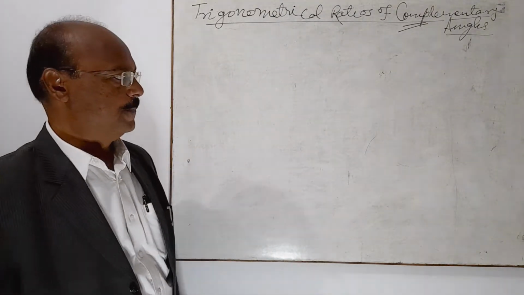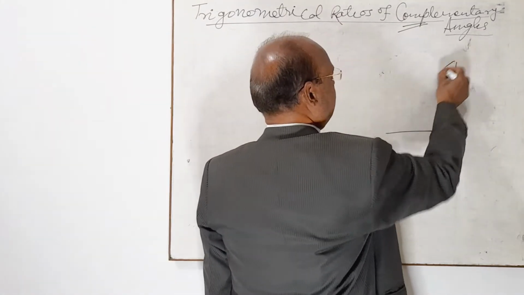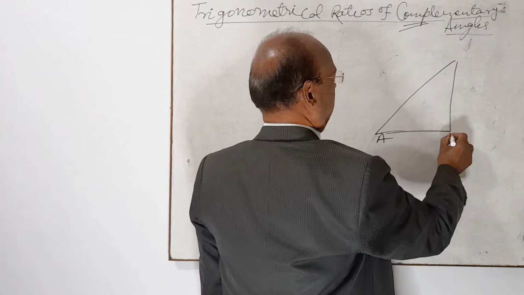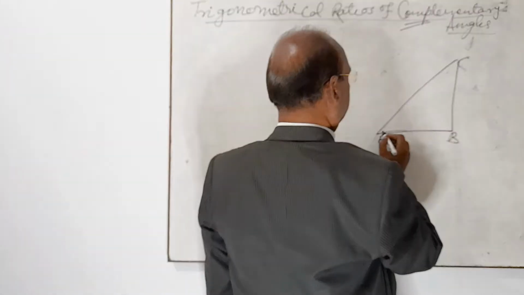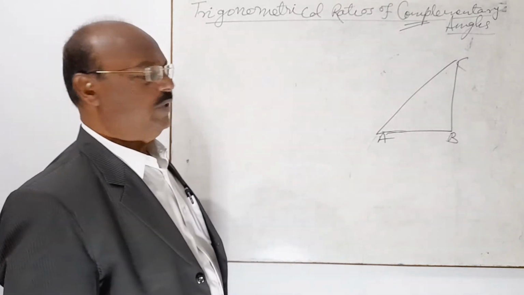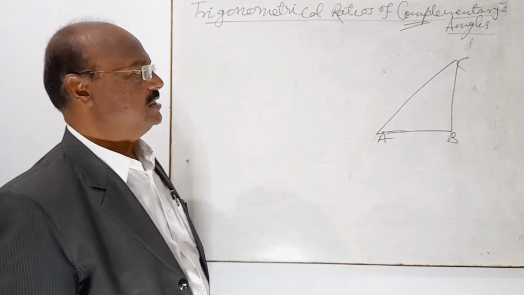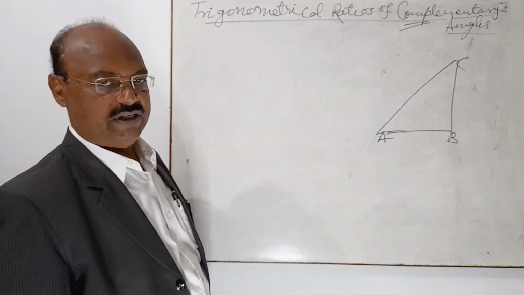What does it mean? In any triangle, suppose here ABC is a triangle. If the sum of two angles is 90 degrees, then these two angles are known as complementary angles.